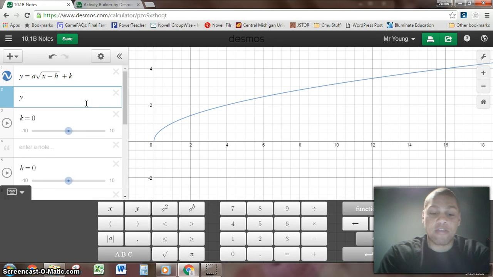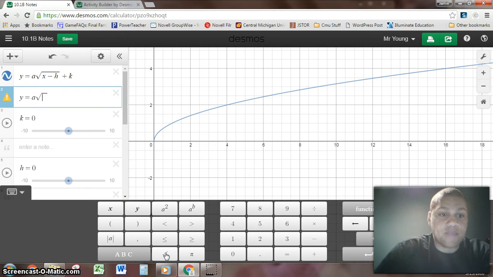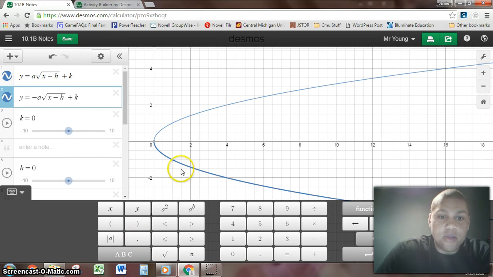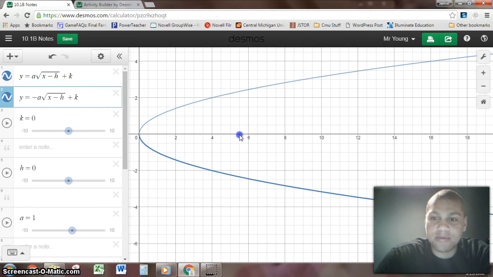One other thing to keep in mind, and you don't necessarily need to write this down: if I also were to graph y equals a times the square root of x minus h, plus k, but then I make a negative, notice what happens. What can we call that shape?